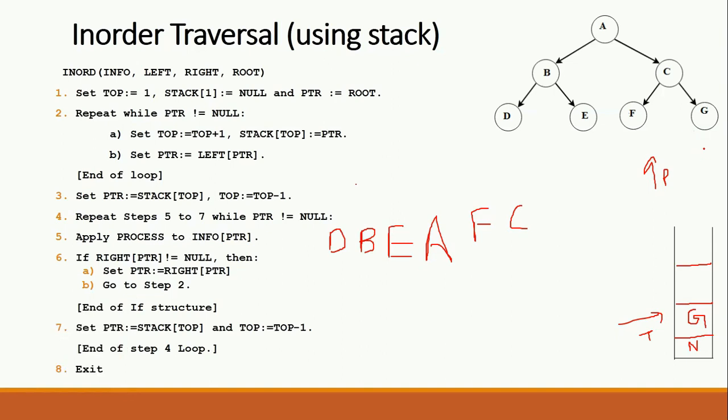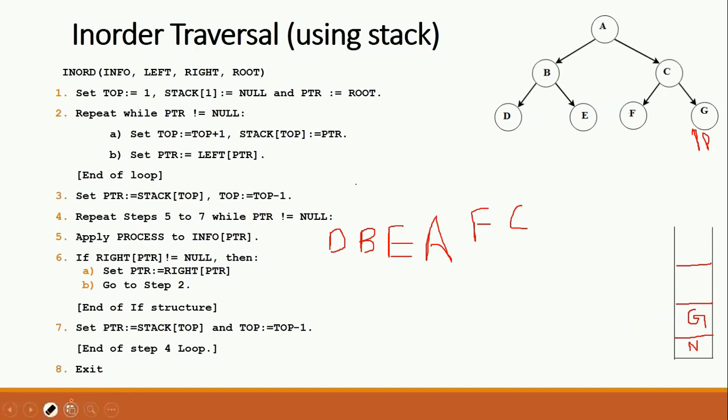Now after this, step number 2 is not going to work further. So step number 3 says whatever you have in the stack top, the PTR should point here. PTR will now point to G and top is equal to top minus 1. Okay. Now repeat steps 5 to 7 while the PTR is not equal to null.